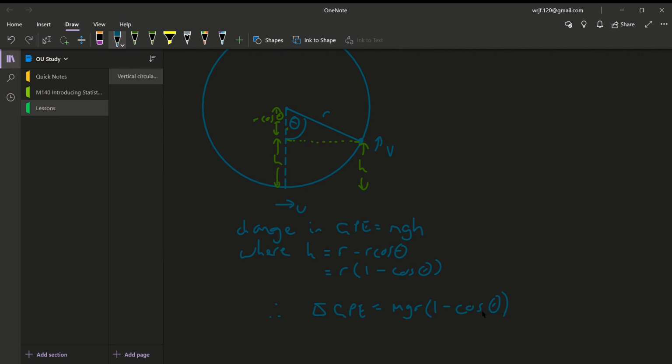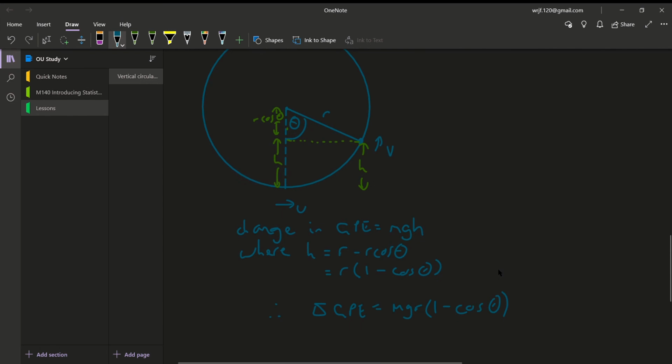So I'm doing mgr, and in the bracket I've got 1 minus negative 1, giving me 2 radii as the change of height. So the cos function, with the change in sign, handles very nicely the ability to go more than a 90 degree angle around our circle. And the maths works it out very nicely for us.